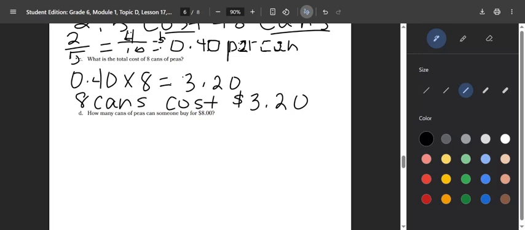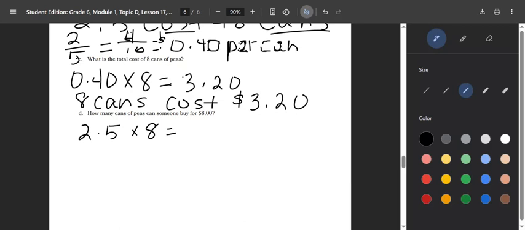So D says, how many cans apiece can someone buy with $8? All right. Well, if you take the cost per can, so that's 2.5 cans times $8, because you can buy 2.5 cans per dollar.